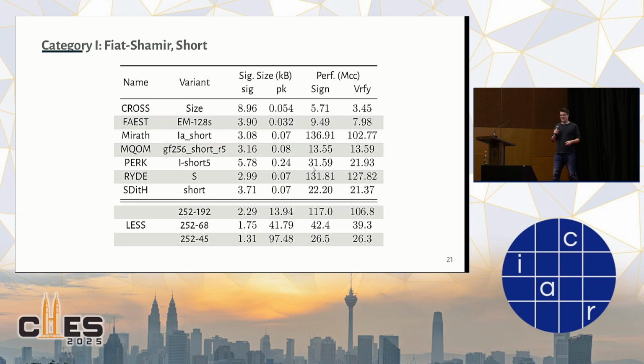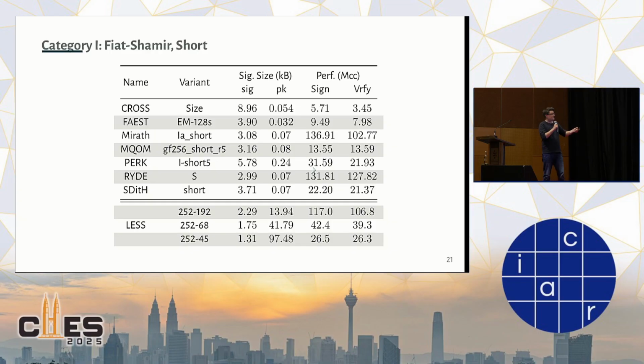So, if we are now comparing ourselves against all other round 2 submissions to the NIST competition, again, this table only shows the category 1 parameter set for a highly optimized AVX2 implementation on the Zen 4 chip. And these schemes are only the ones which are based on a Fiat-Shamir transformation, and only those parameter sets are chosen which are optimized for signature size.